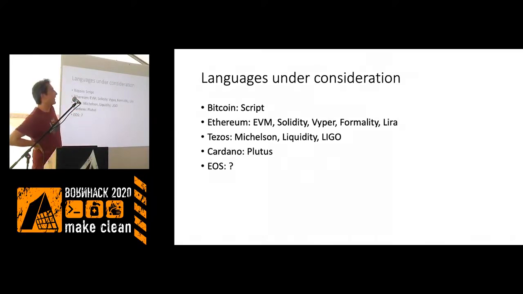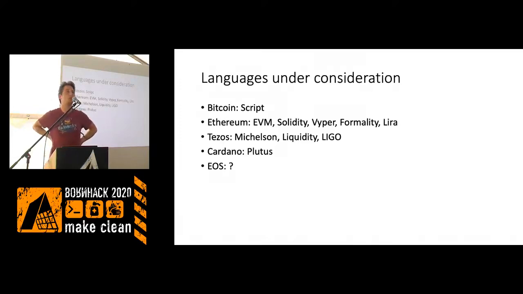This is kind of like an overview of the languages that I'm considering. I don't have examples of everything, but I'll just be mentioning them because there's lots of other languages. And I'll just kind of outline why I chose some and chose to disregard others.